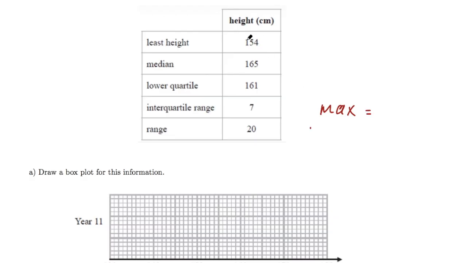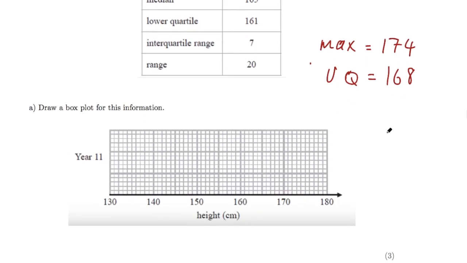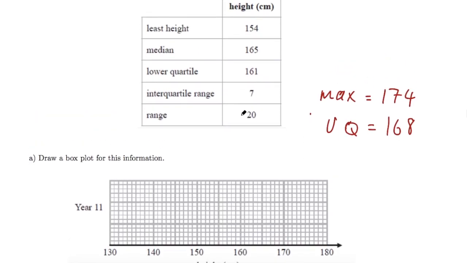So the max is going to be 154 plus 20, so that's going to be 174. And then the upper quartile is going to be the lower quartile plus 7, so that's going to be 168. Okay, so we needed to actually use some working out there to find the maximum and the upper quartile. Once we've got all those values, we can go ahead and plot the box plot.